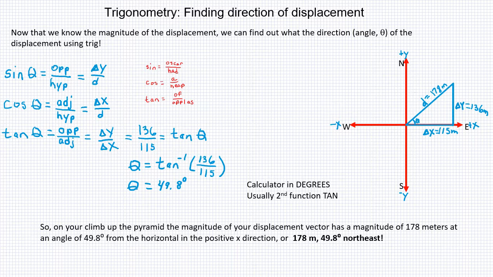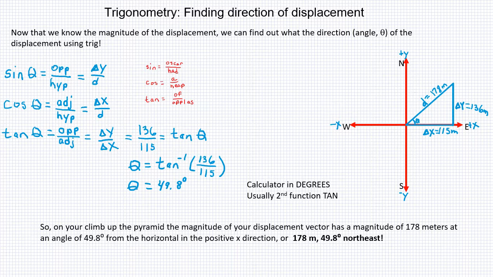I want everyone to get your calculator, pause the video, and see if you can figure out how to get that number so that you know what you're doing. Make sure your calculator is in degrees, because these are degrees. Usually inverse function is a second function and tangent, but you'll have to look depending on what model your calculator is.